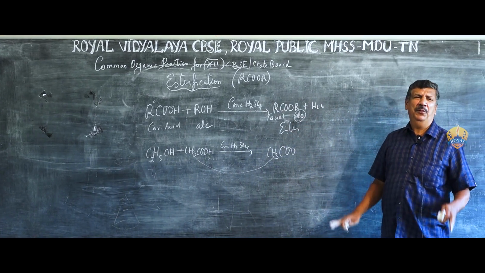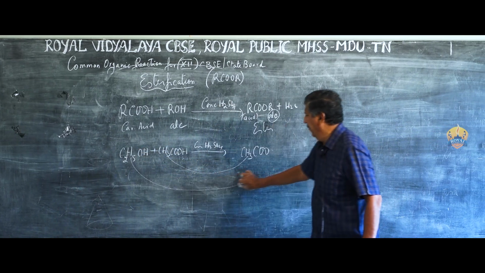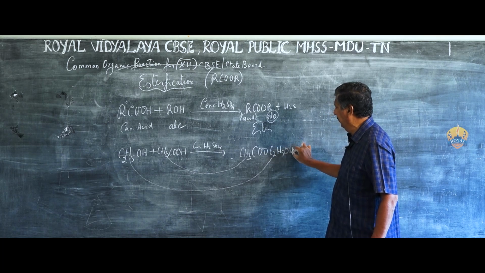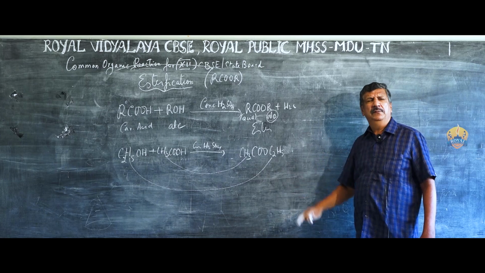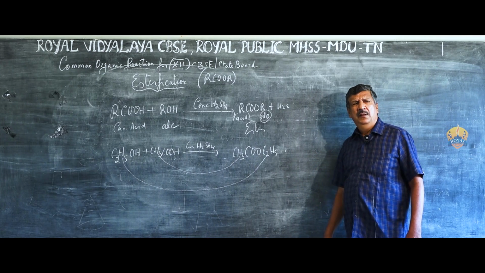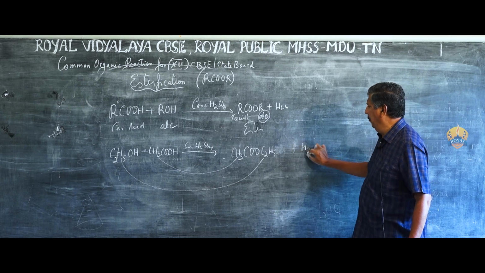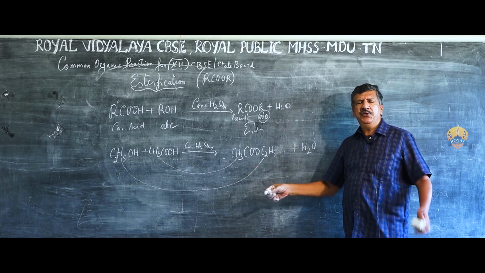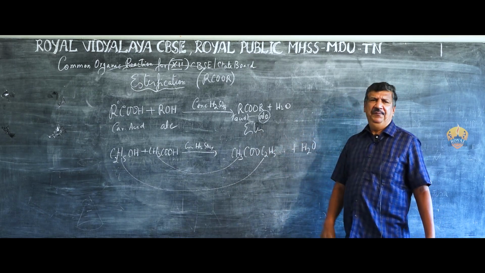That is very important. And in the second R, you verify that you are writing the alcohol. That's all. Then how to name the compound? I already told you. Whenever you go for the ester, you should tell it in reverse. Ethyl acetate. That's all.